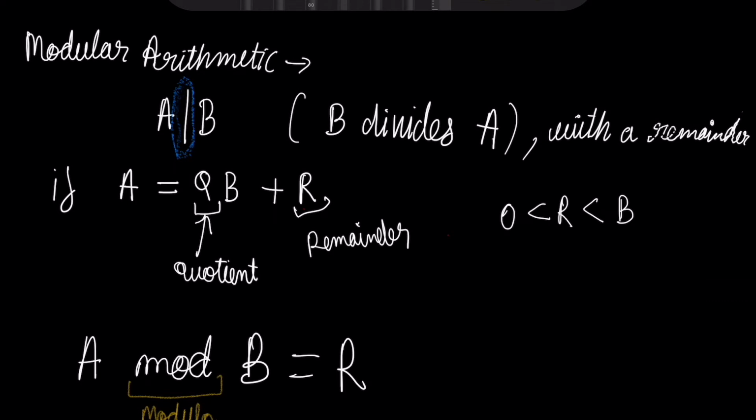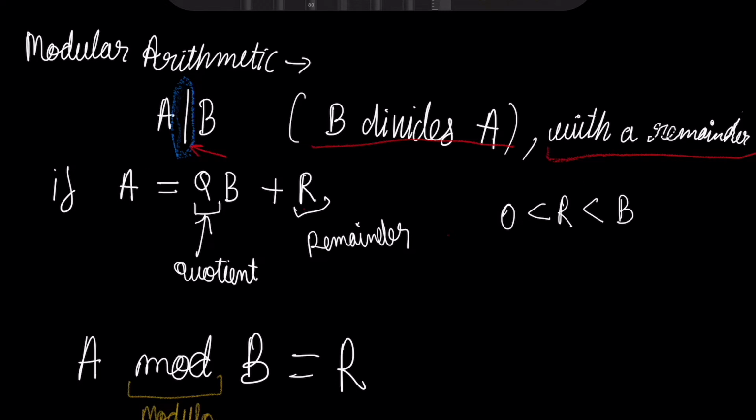Before we get into Diffie-Hellman, we need to start with some modular arithmetic. This sign over here means B divides A, and we want that when we divide A by B, it gives a remainder.